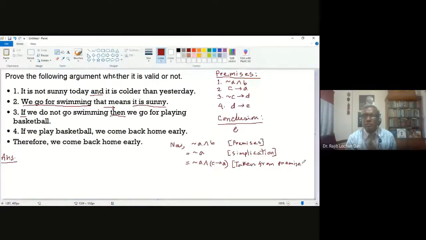Okay, possible. So what can you write in the next line? Can you find anything in the rule? Not A and C implies A. So let me go back to the slide again.